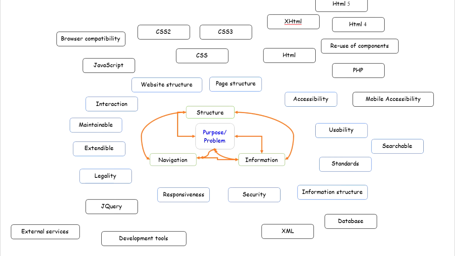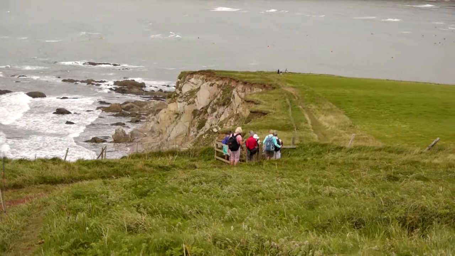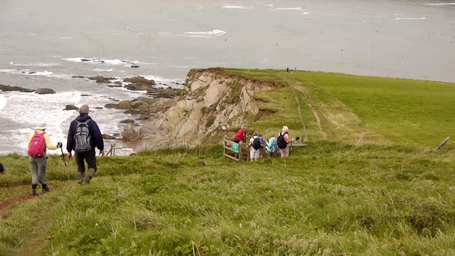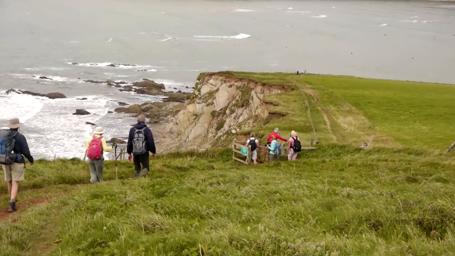These all form an important checklist when we have completed the development and we are reviewing it and checking it and testing it. Now let us consider the brief of a website for the members of a walking club.